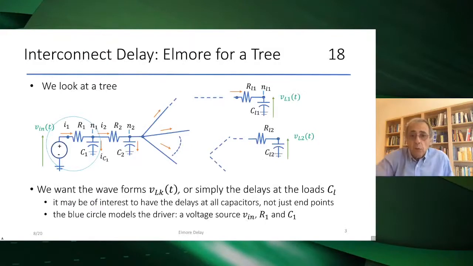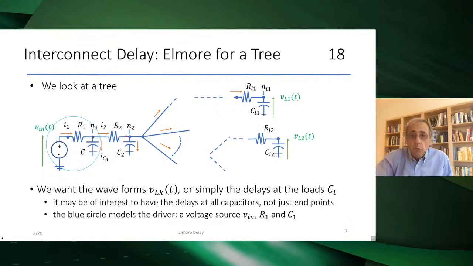pretty directly into a tree, and let's look at what's the problem that we're trying to solve. What you see here in this light circle would be the reduction of a gate, let's say an inverter, into a voltage source and a resistance capacitance pair. They are R1 and C1. This is fixed. And this is the part that I'm skipping. How do you get to here?